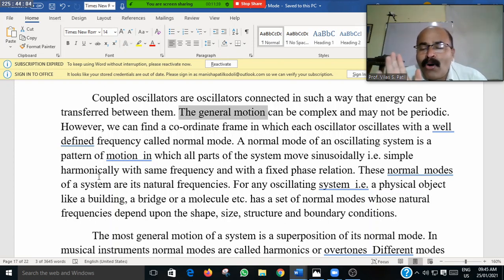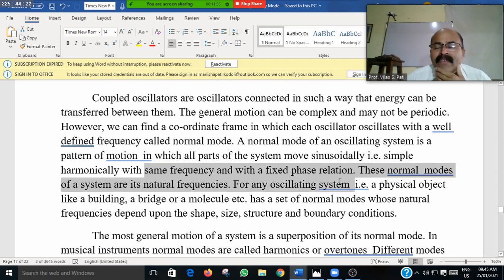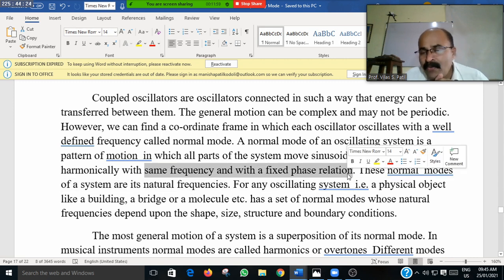In a normal mode of the oscillating system, the pattern of the motion, how it moves and oscillates, is in terms of simple harmonic motion, or SHM, with the same frequency and a fixed phase, and the pendulum oscillates about the mean position.